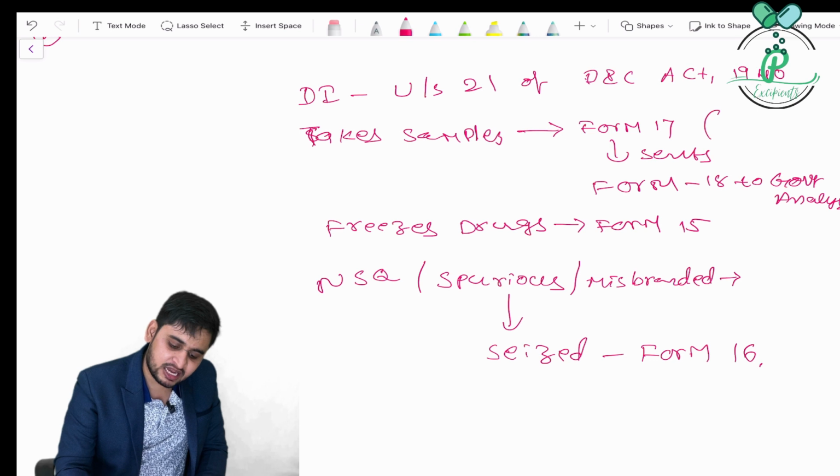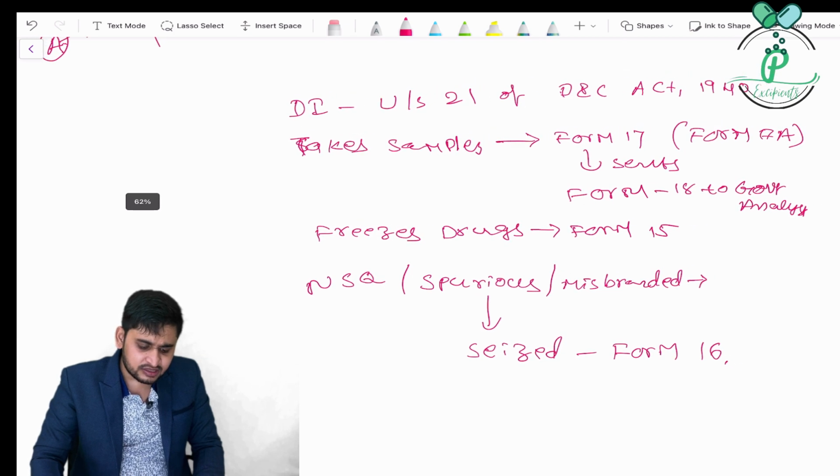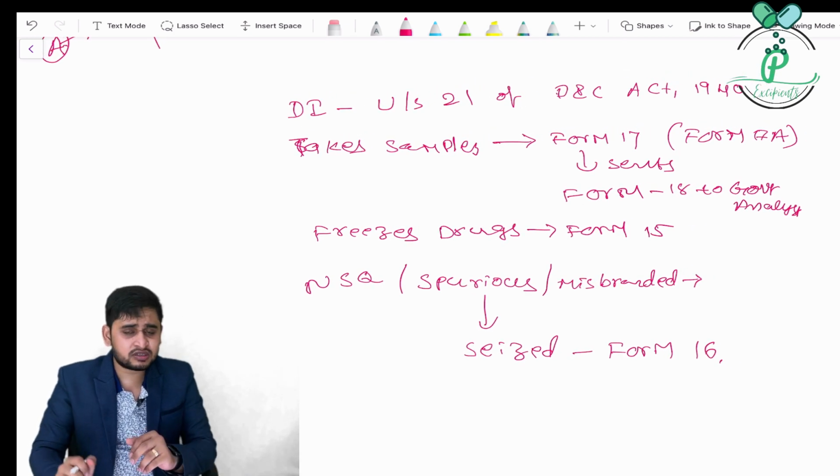So the drug inspector pays fees. If fees are not paid, Form 17A will be issued. So this is the right working procedure of the drug inspector.